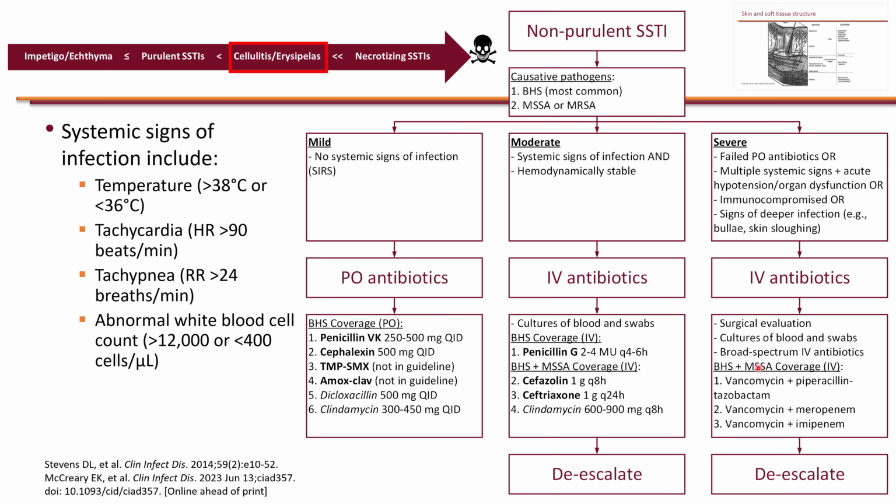So vancomycin to take care of MSSA, MRSA. You do want to cover MRSA for these severe infections. So vancomycin plus piperacillin tazobactam is what's routinely used. And these have anaerobic coverage too, so piperacillin tazobactam in case there is necrotic tissue with anaerobes growing.